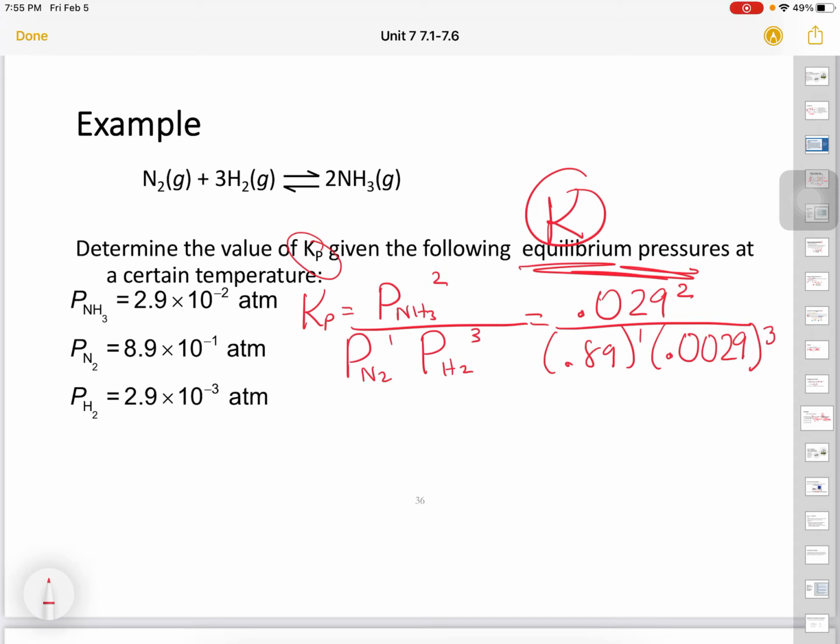Now I plug my numbers in, 0.029 squared, so calculator is our best friend. 0.89 times, I like to use the parentheses here, 0.0029, and then in calculator math, the math button, number 3 gives you a cube, if you're not familiar, and that is equal to this.